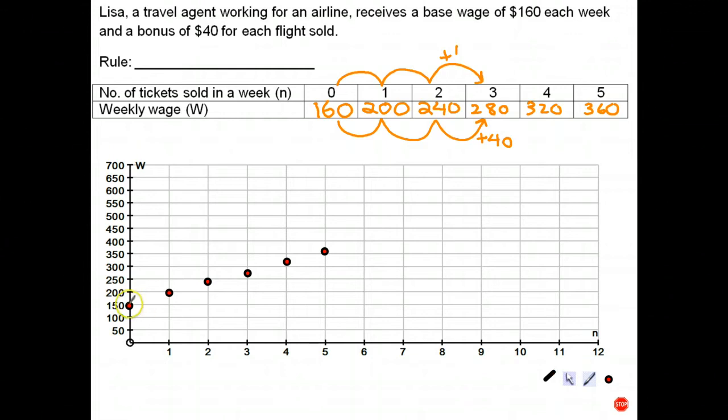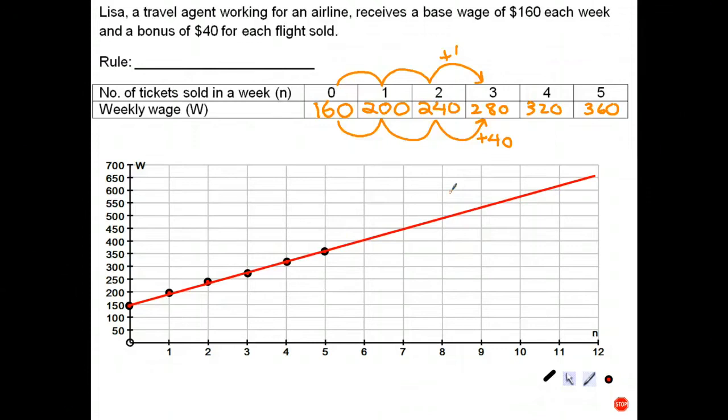In red, let's try that again. That looks a bit better. And I'll try to carry that out further. It's going to be something like so. Okay, that's probably not perfectly accurate, but it gives a pretty good idea. So once again, we have a linear function because the graph of this rule is a straight line.